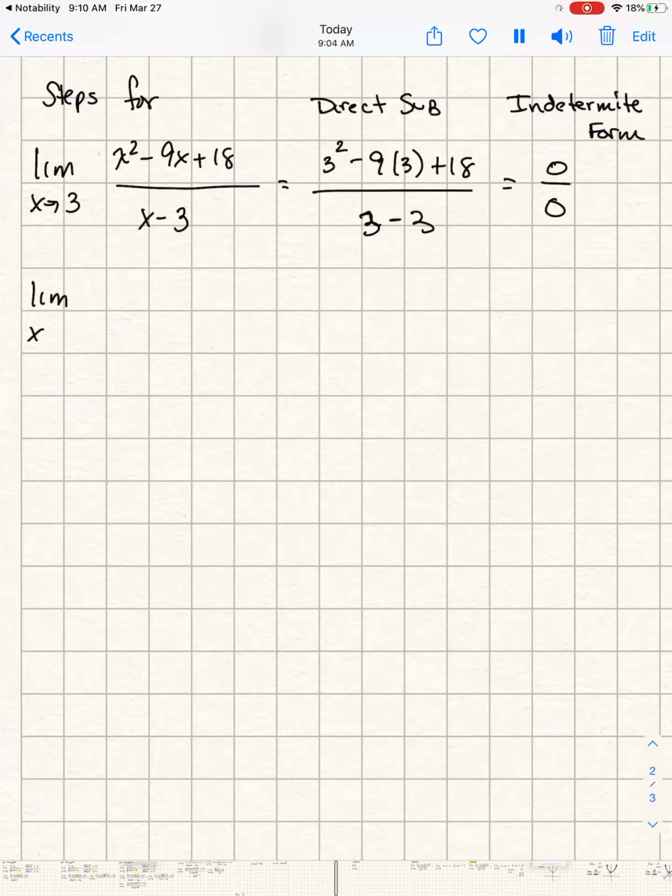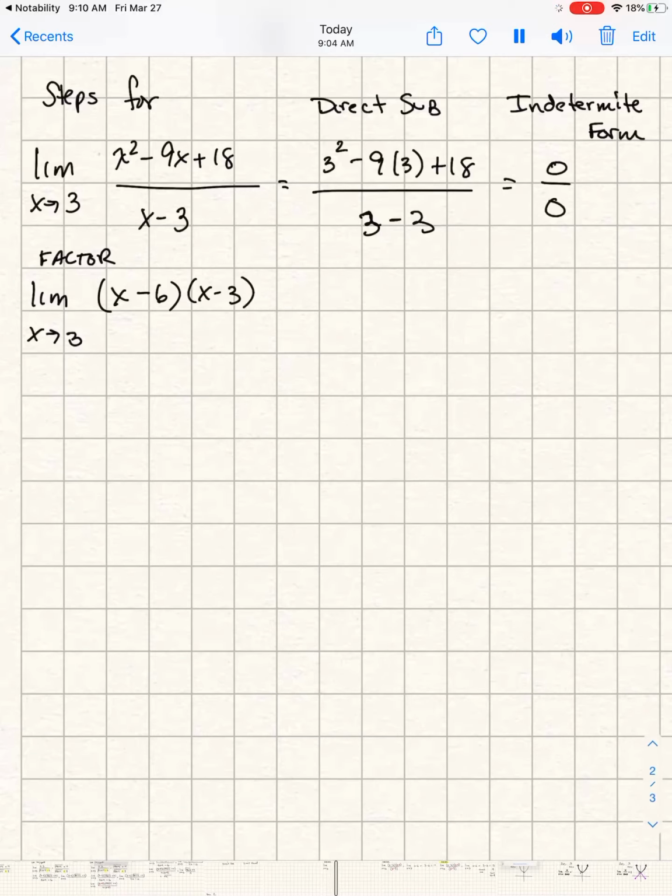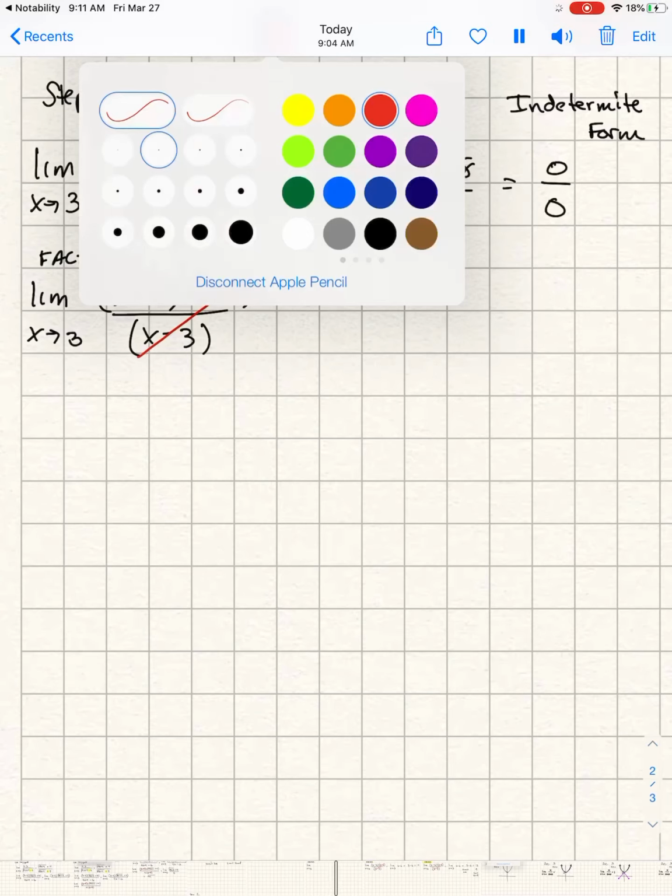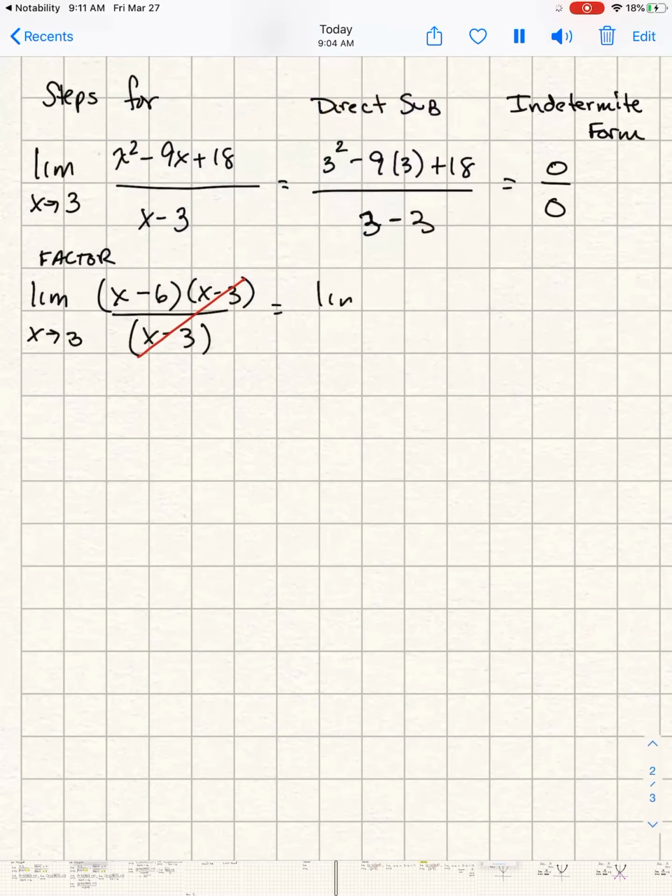Now we got to pick what we want to do. This one I want to factor. So I'm going to do x minus 6, x minus 3 over x minus 3. So let's cancel. We're left with the x minus 6.